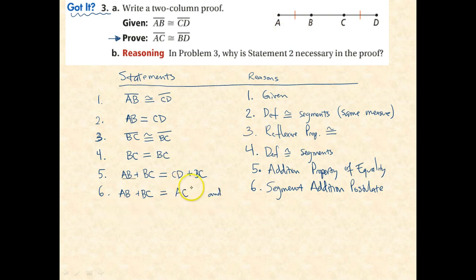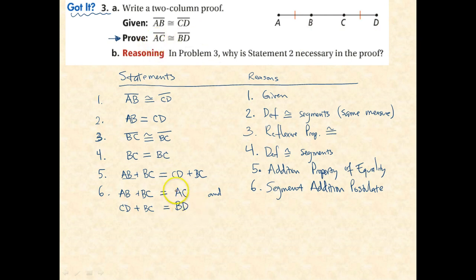And by that very same segment addition postulate, I can say that the length of CD plus the length of BC equals, okay, now look up here, the length of CD plus the length of BC equals the length of BD. So you see me getting closer to my goal here.